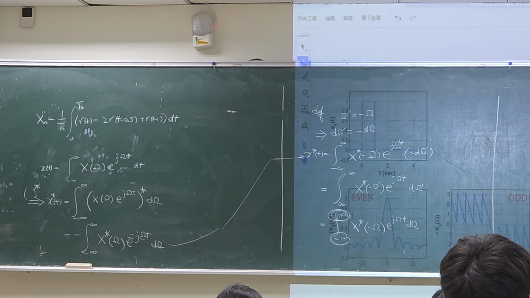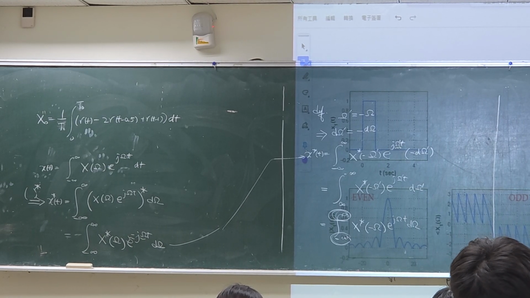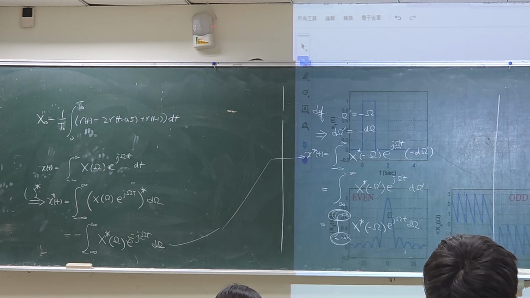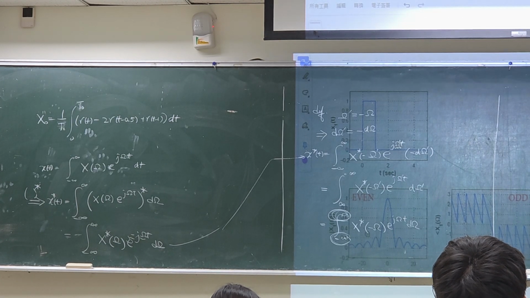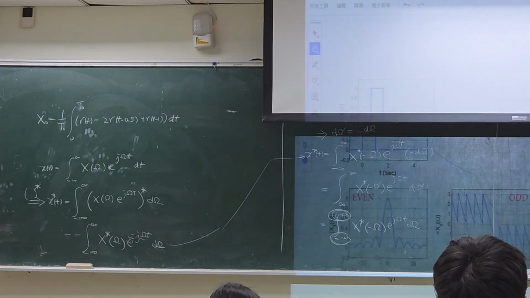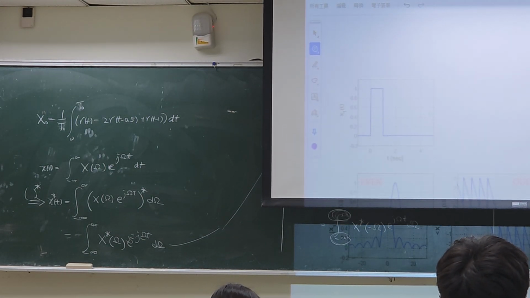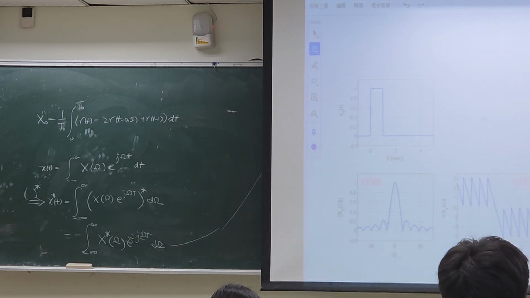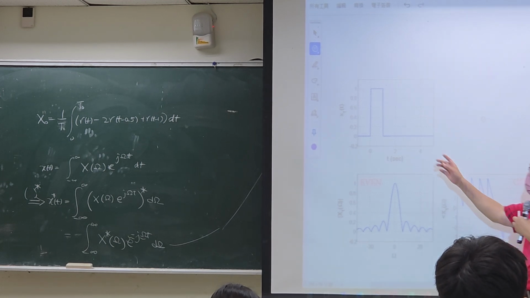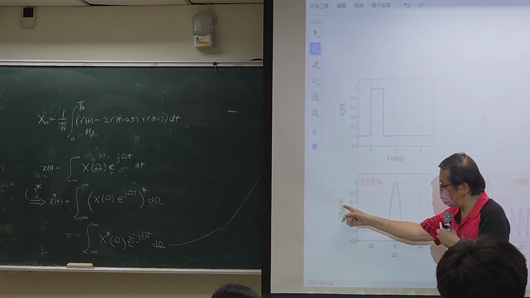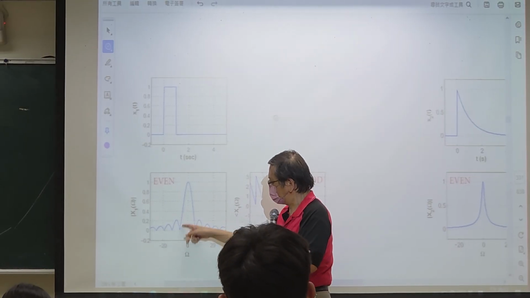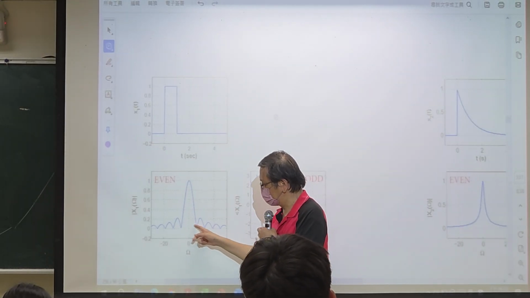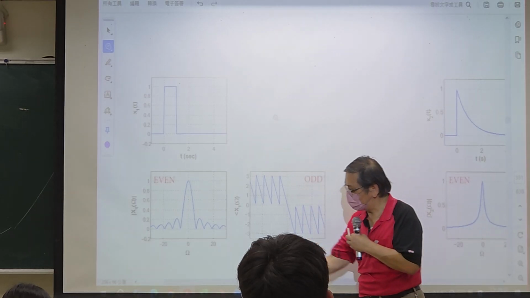If you take the Fourier transform, you can see that the magnitude, the first figure here, is an even function centered at 0.